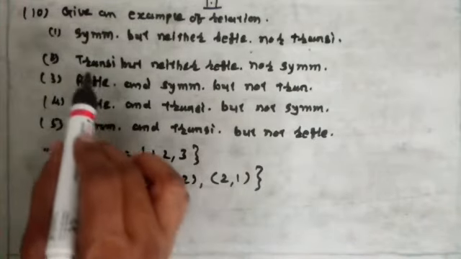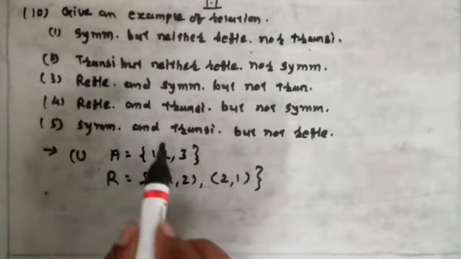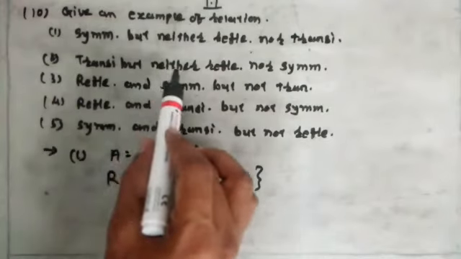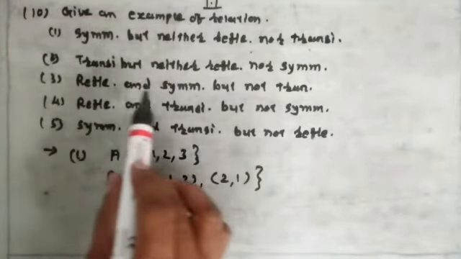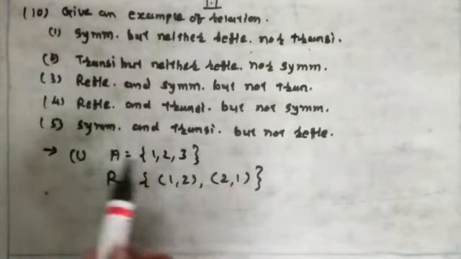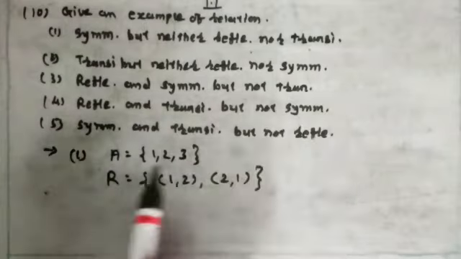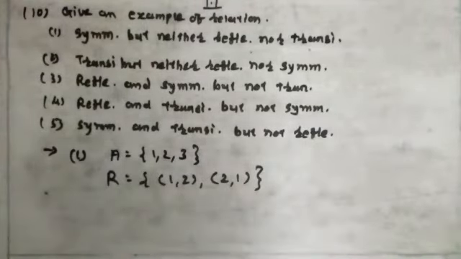Similarly, we can give examples which are transitive but neither reflexive nor symmetric; reflexive and symmetric but not transitive; reflexive and transitive but not symmetric; symmetric and transitive but not reflexive. Just try to solve the remaining parts of question number 10.